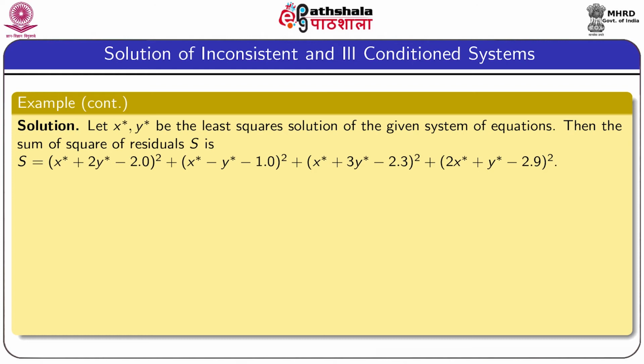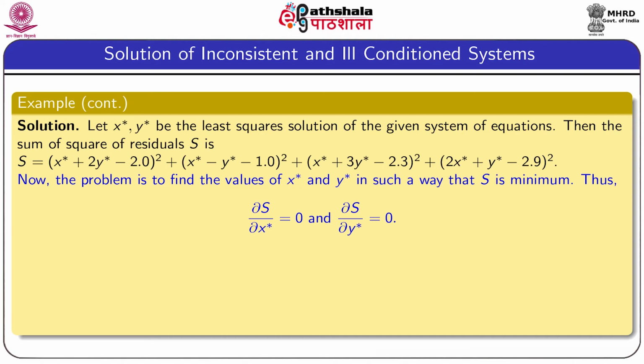Let x star and y star be the least square solution of the given system of equations, then the sum of square of residuals s is given by this formula, that means (x star plus 2y star minus 2) whole square plus (x star minus y star minus 1) whole square plus (x star plus 3y star minus 2.3) whole square plus (2x star plus y star minus 2.9) whole square.